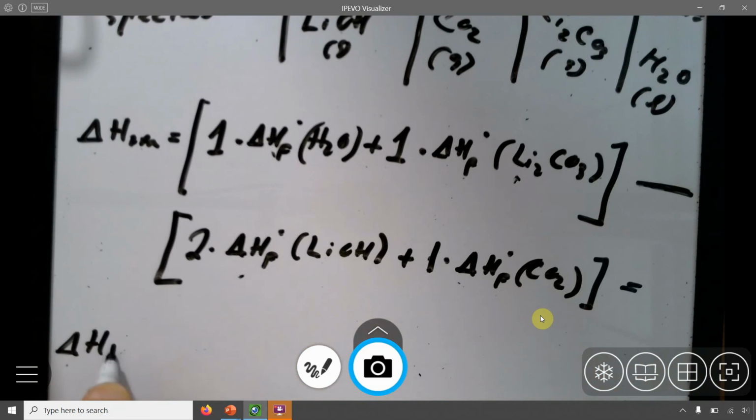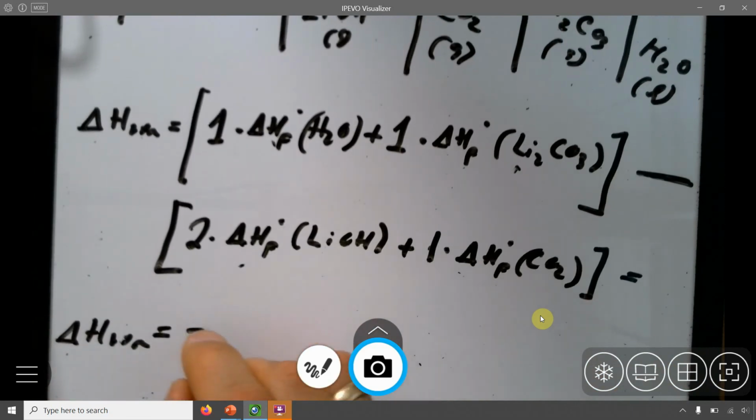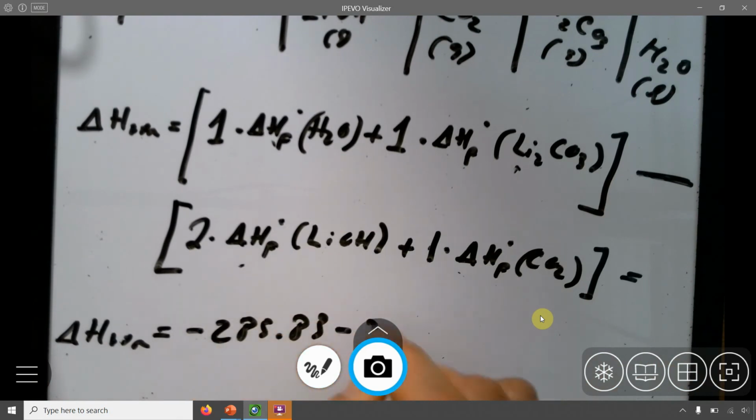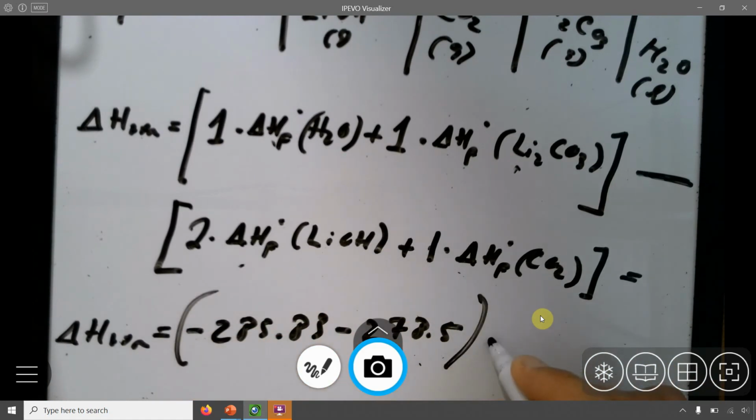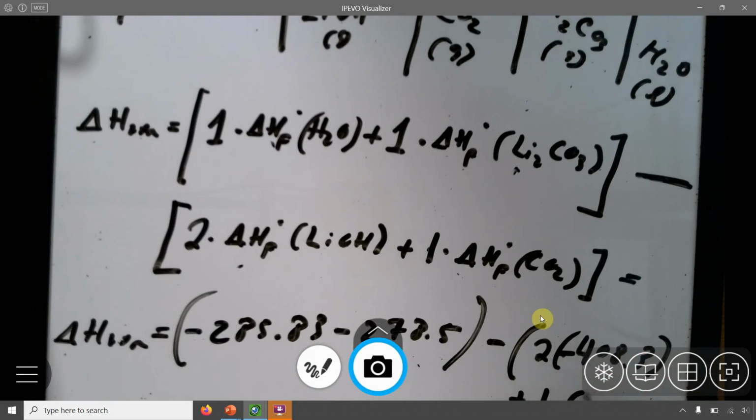So delta H of reaction, and I'm going to omit all the units, but it's all kilojoules per mole. It's going to be negative 285.83 minus 278.5, minus 2 times negative 408.3, plus 1 times negative 110.5.